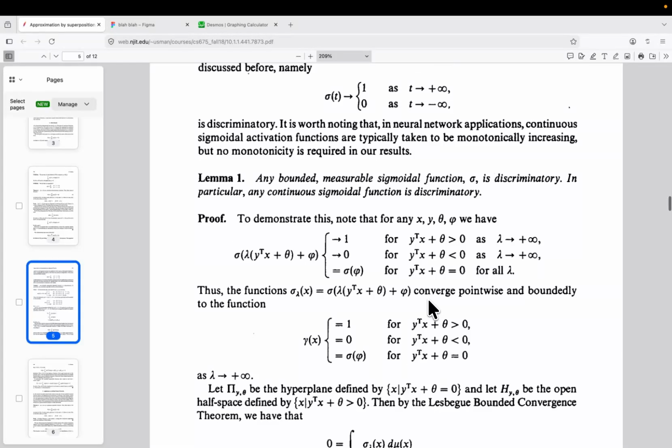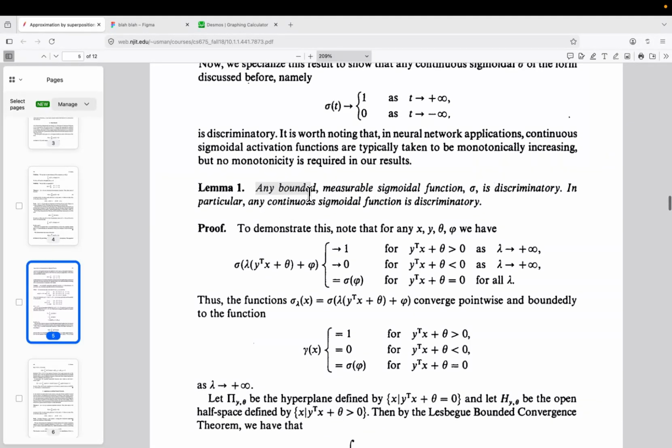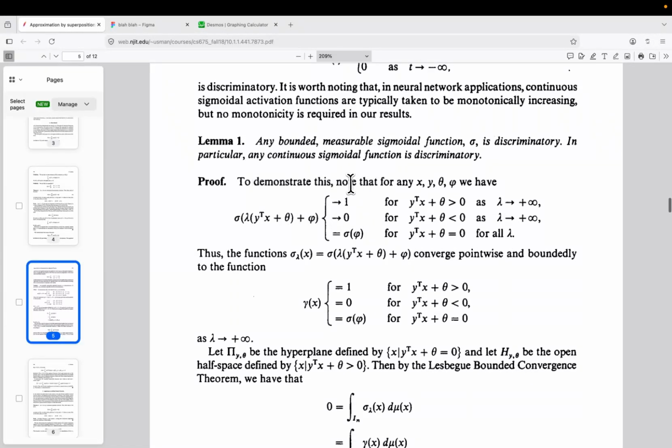Alright, this lemma is actually telling us that we're going to prove that our sigma is discriminatory. To demonstrate this, we have our sigmoid is 0. We are actually rewriting this, multiplying it by, I don't know, this letter, probably alpha.